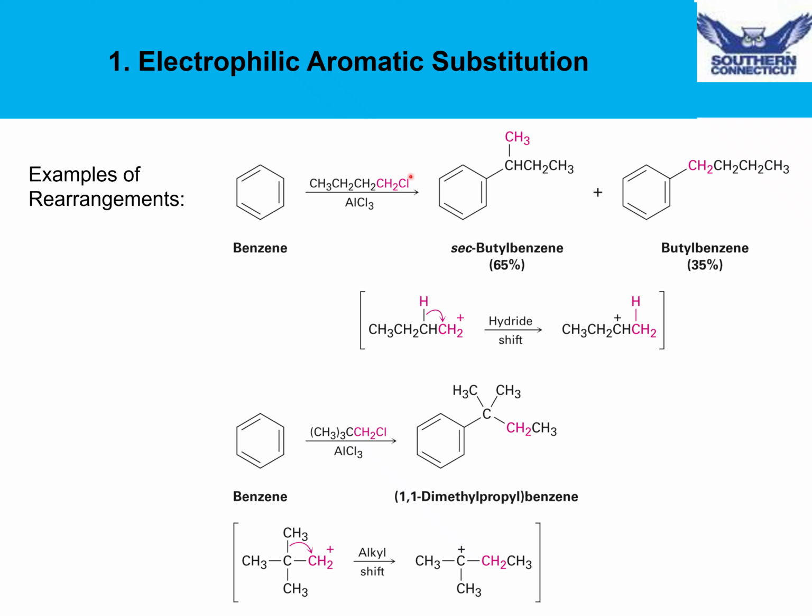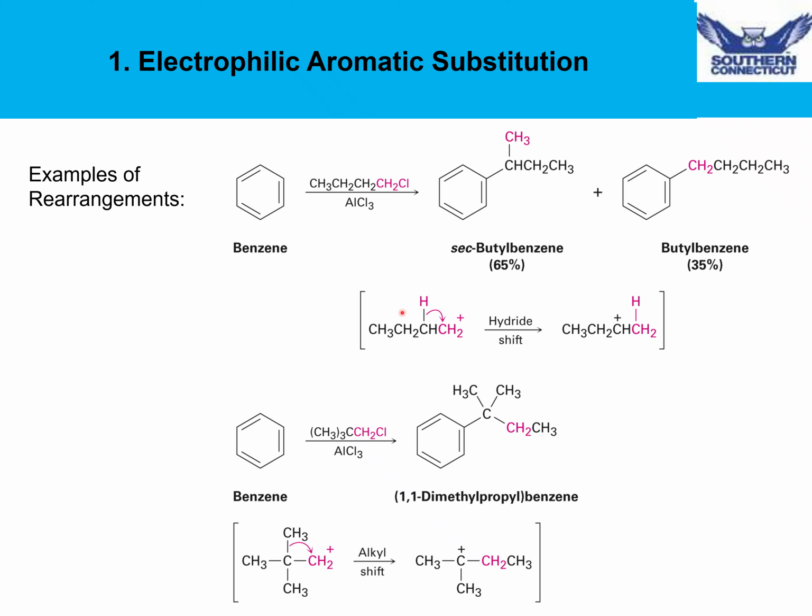So aluminum trichloride removes this chloride, we form a carbocation at this carbon, and if that gets attacked by the ring, we get this product. However, the major product in this reaction is actually sec-butylbenzene, which would be formed from a hydride shift.